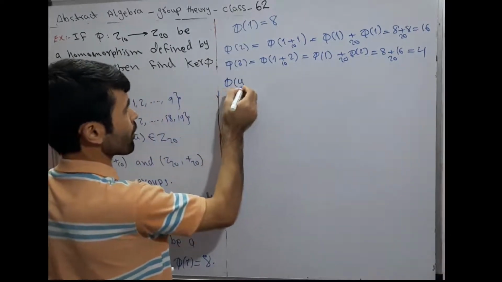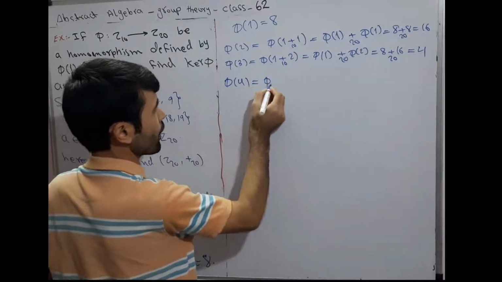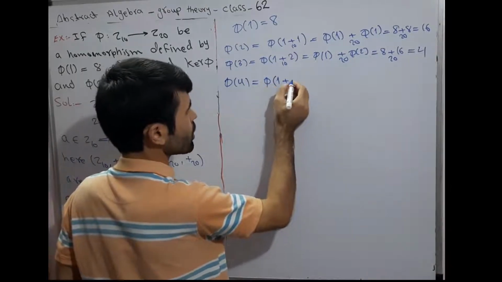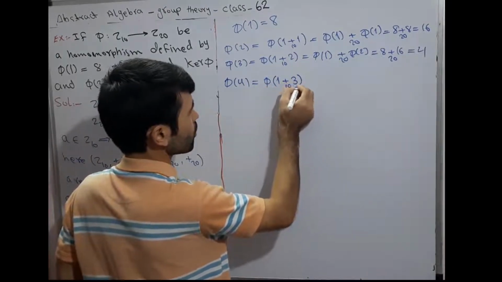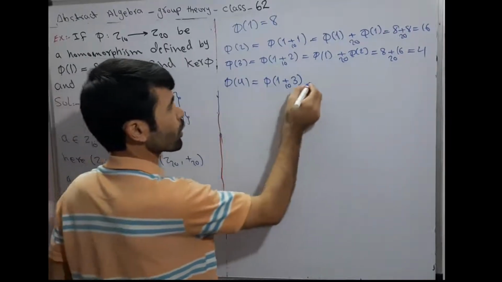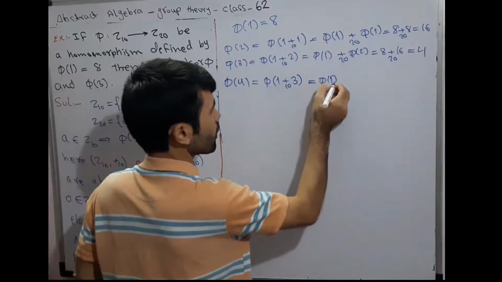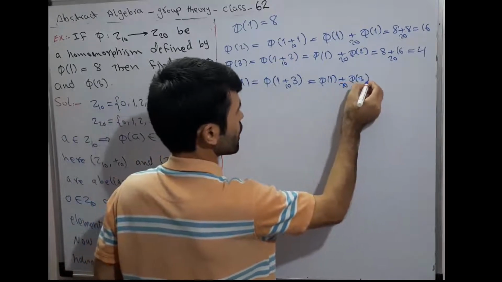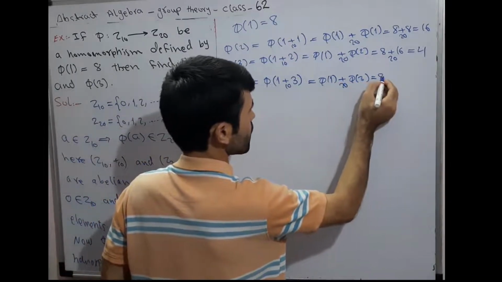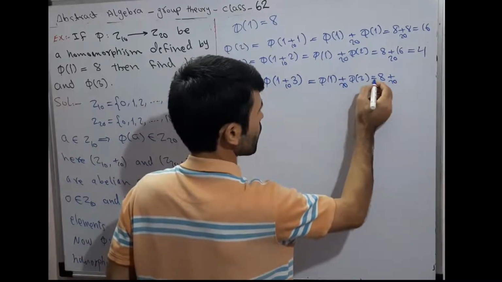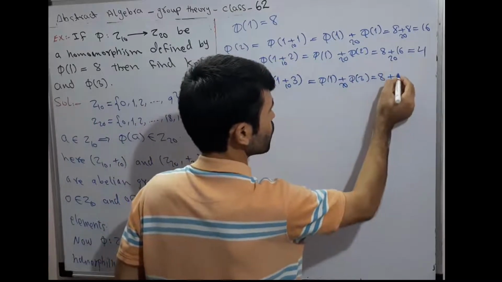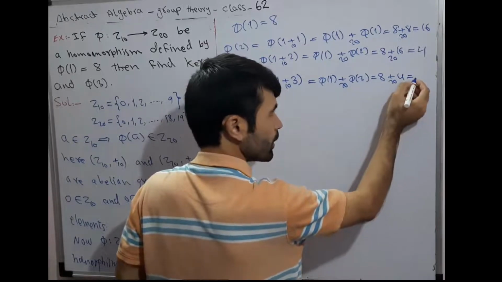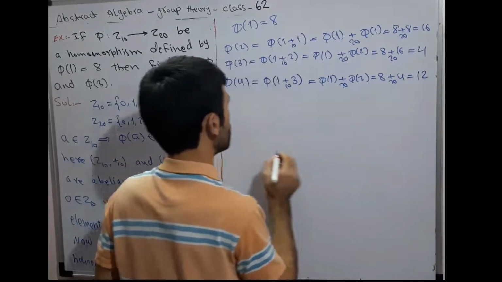Phi of 4 is equal to phi of 1 plus 3, addition modulo 20, is equal to phi of 1 plus phi of 3, addition modulo 20. Phi of 3 is equal to 4, so it is 4 plus 8, which is 12.